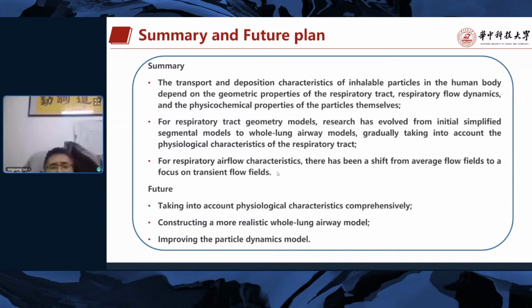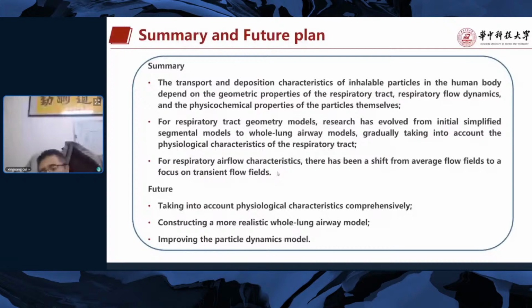And I would like to summarize my research work a little bit. In this part of the work, we try to learn the physics of the airflow dynamics in the human respiratory system, and we try to use a whole airway.